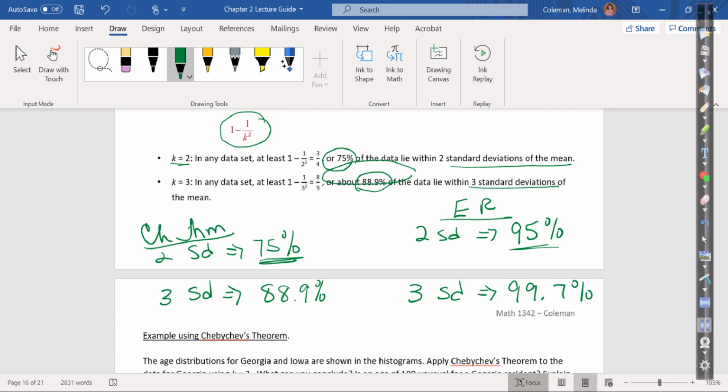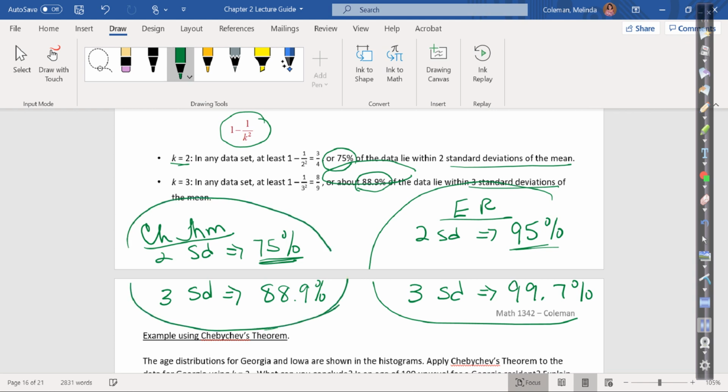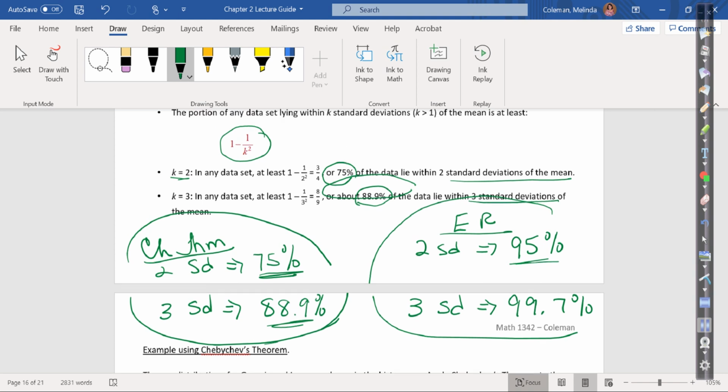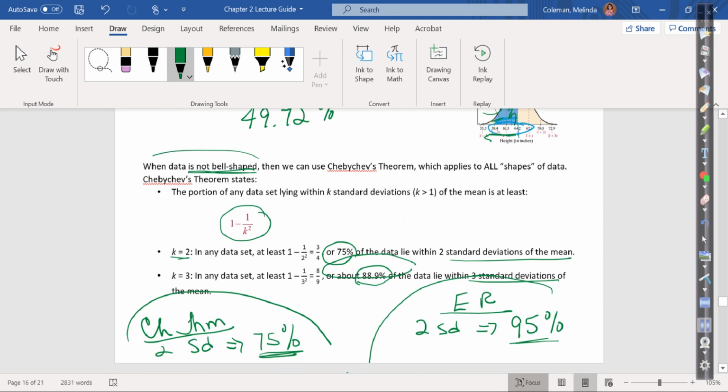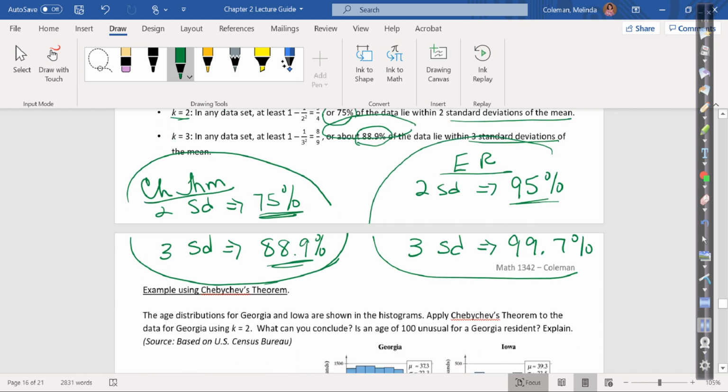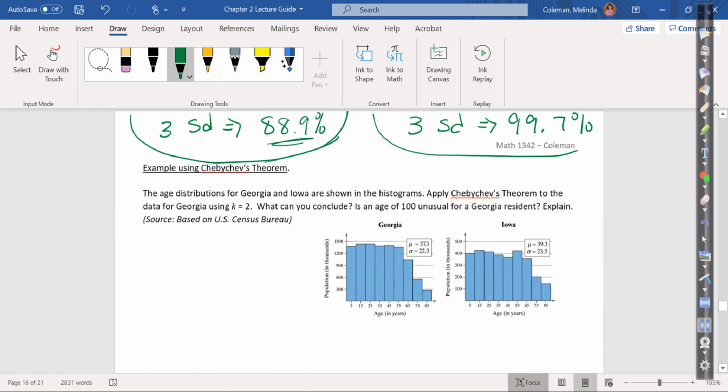So the empirical rule is definitely going to give you better, closer, more accurate data within 3 standard deviations. But Chebyshev's isn't bad. I mean, almost 90% is not bad for 3 standard deviations. And remember that this applies to any shape, not just the bell shape. So anything that doesn't look quite bell-shaped, you can still make determinations and still find statistics based on those determinations.